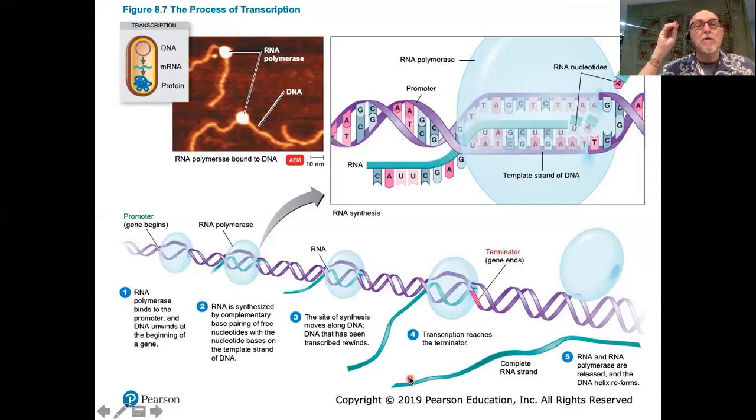It has to be exported from the nucleus in a very complex export system, which goes through the nuclear pores and then out into the cytoplasm to be translated by the ribosomes. We'll point out some other differences in a while, but for the moment, just remember, prokaryotes, this all takes place in the cytoplasm. Eukaryotes, this process takes place inside the nucleus.